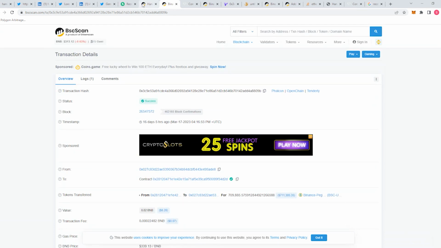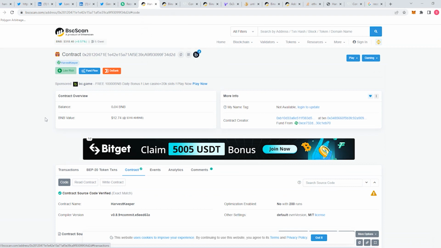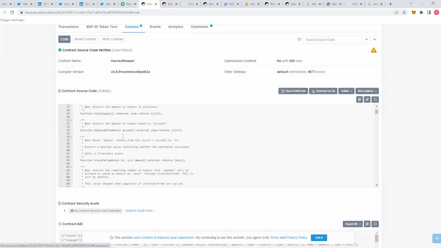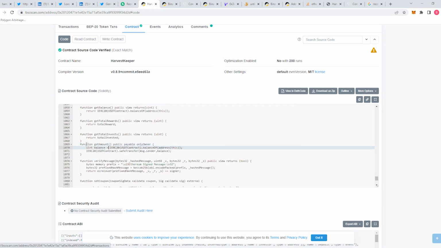So let's go back to the contract and find that function in the code. All right, we use the find function to find this function, the get amount. So when we look at this, we see this is the one that they called.